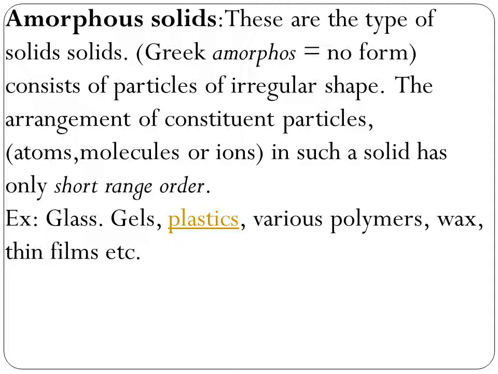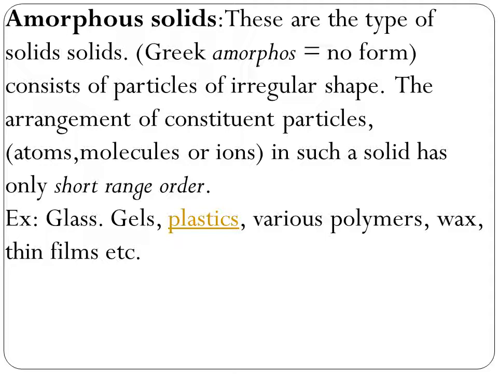Make it point wise. These are the type of solids that consist of particles of irregular shape. Particles are in irregular shape. This is the first point. Second point is its arrangement. The arrangement of constituent particles is not systematic, is not in a perfect way. Such a solid has only short range order.